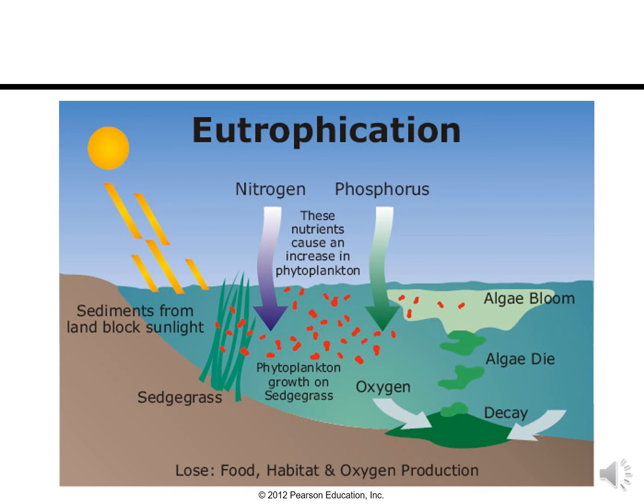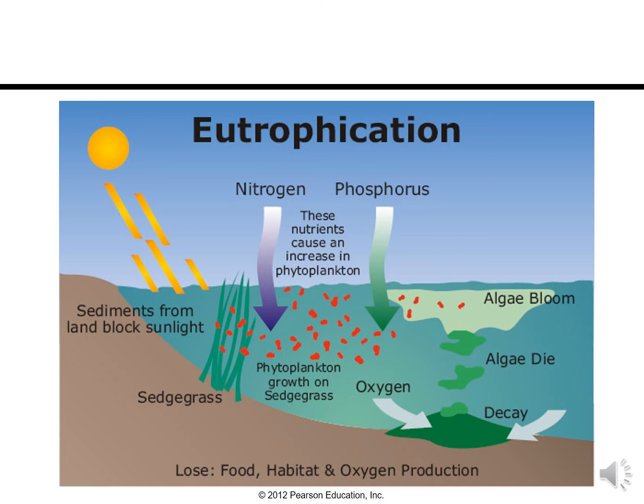Eutrophication especially deals with nitrogen and phosphorus. When people use fertilizers and dump these extra fertilizers into a river, pond or lake, whatever water body, a large number of algae will grow in this particular water body.